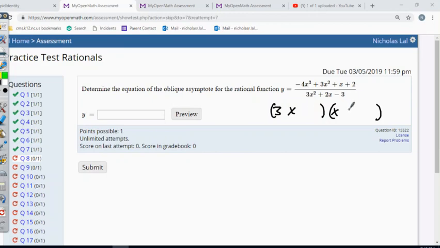Oh, no, x plus... No, you have to do plus 1 plus 1.